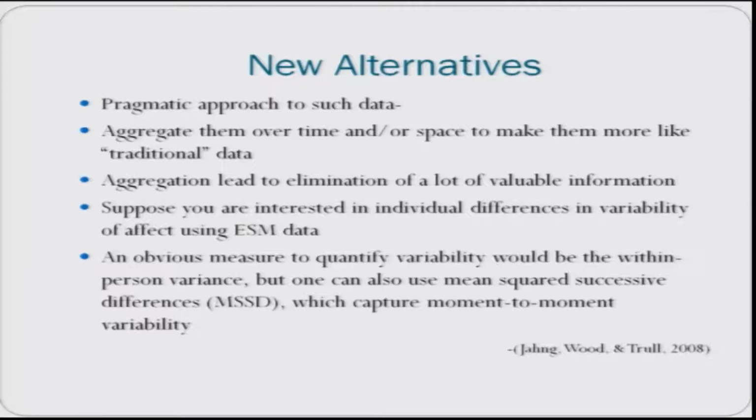What is traditional data? In traditional data, you have the items and you ask what are you feeling right now, with say a 5-point Likert scale, or I ask what have you been feeling nowadays, and again I give you a Likert scale.